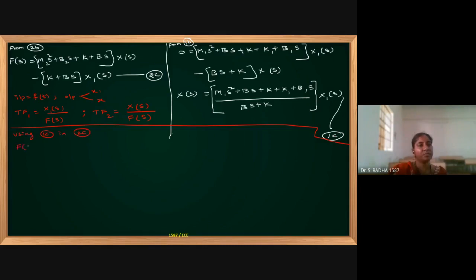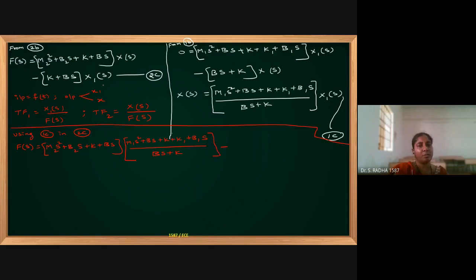F of s equals m2s square plus b2s plus k plus bs, and in the place of x of s, I am putting 1c: m1s square plus bs plus k plus k1 plus b1s divided by bs plus k.